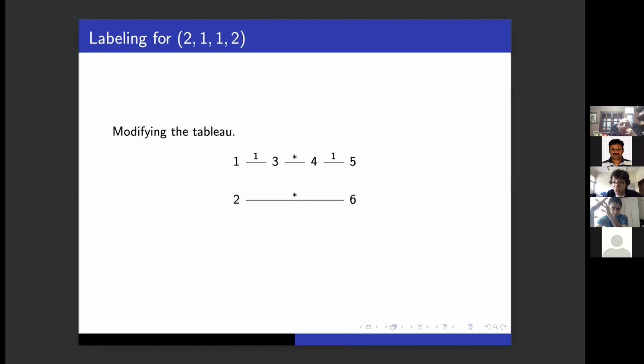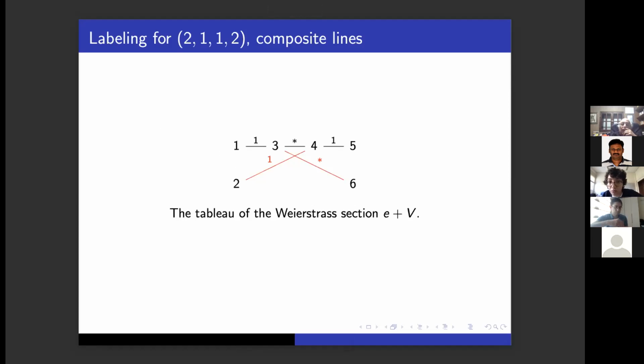Nevertheless, it's not a Weierstrass section. It does not bring us a Weierstrass section. This is really crucial. It doesn't mean each time you have a composite line, you have a Weierstrass section. No, no, no. You need to have a specific one such that, for example, the stars are, in this case, on the same line, meaning no star will affect the other one.